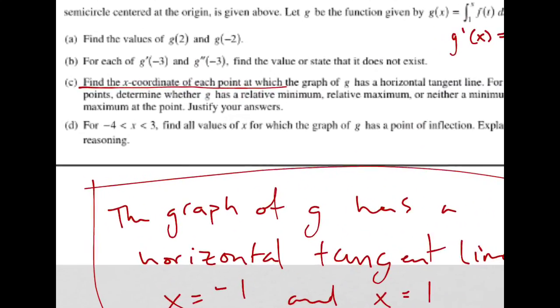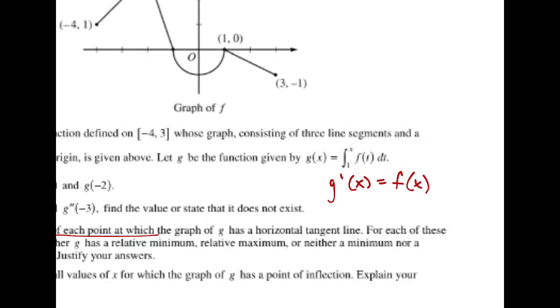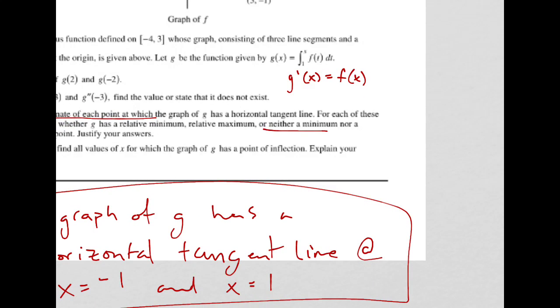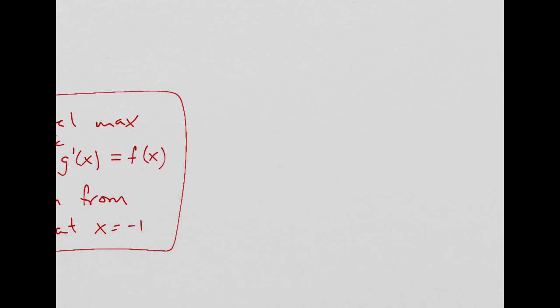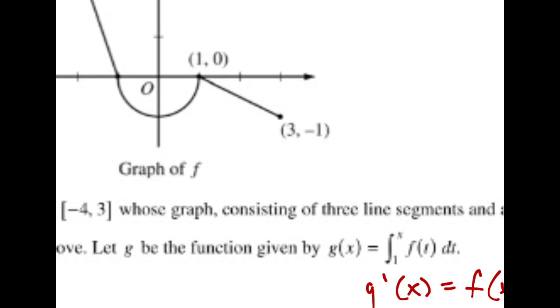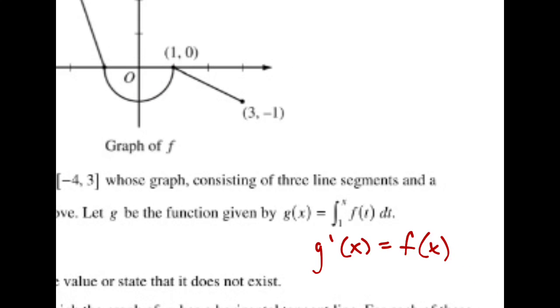And then what about the other one? Look at this. We go from negative and we remain negative. So that's neither a minimum nor maximum. So you would say G doesn't have a relative max or min at x equals 1 because just before 1 we are negative, and just after 1 we're negative.